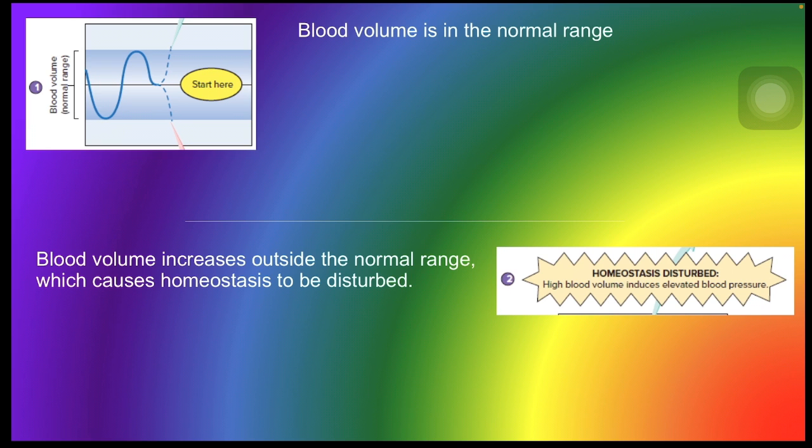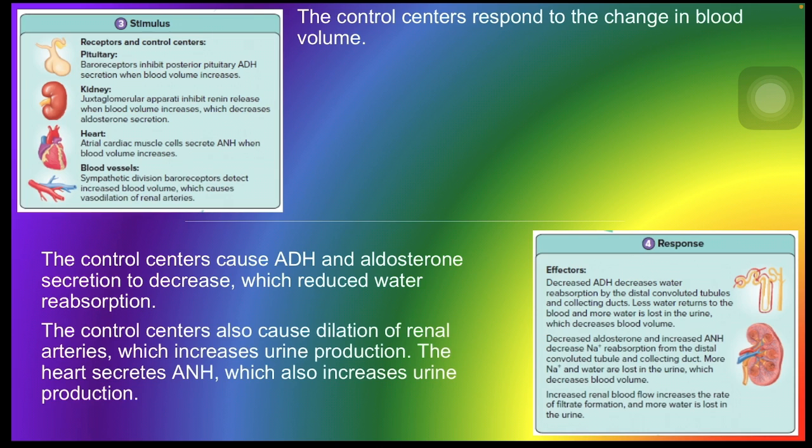Stage 2, blood volume increases outside the normal range, which causes homeostasis to be disturbed, which initiates the process of homeostasis. Stage 3, the control centers respond to the change in the blood volume. Each organ and accessory organ that is responsible for blood pressure regulation is alarmed, thus reacts to the change.